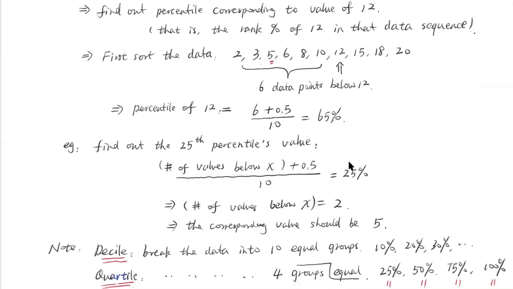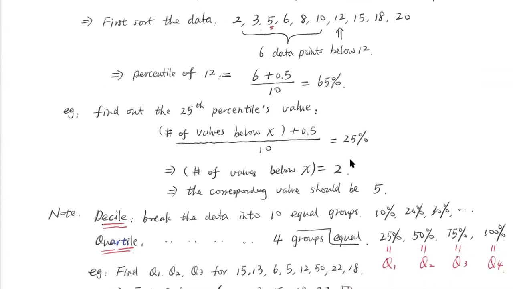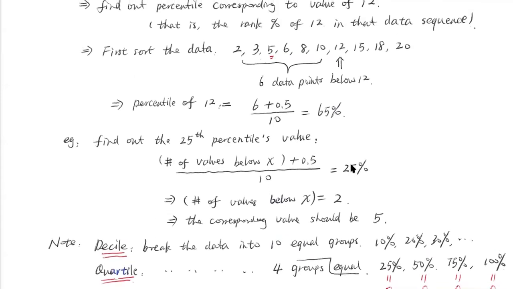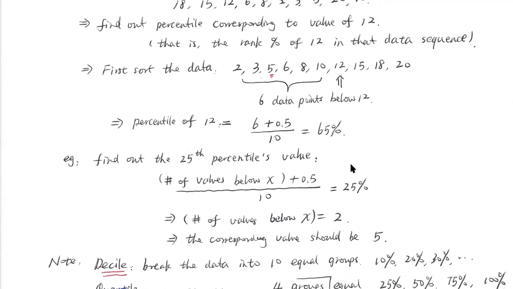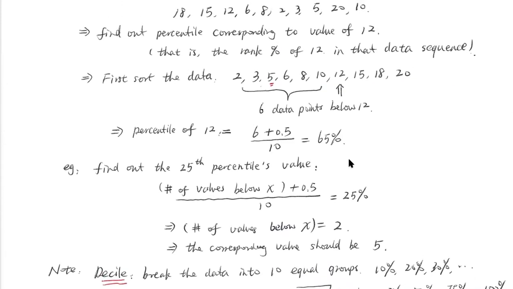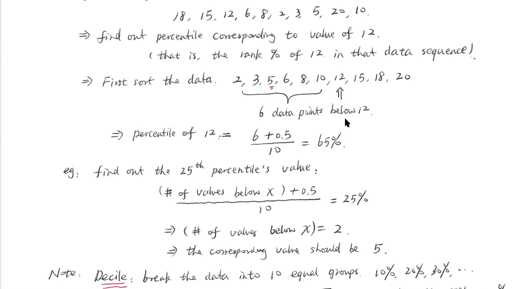Now, another example here, I want you to pay some attention. This is a little bit of a tricky example. In the previous example, you are given this number of 12, and then you ask, for this person, what is his or her position? What is the corresponding percentile?